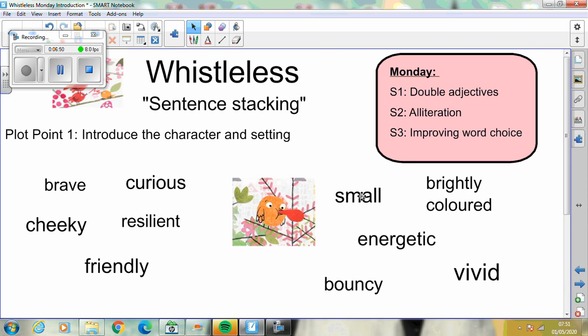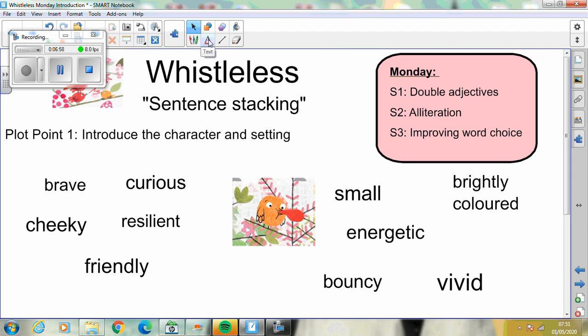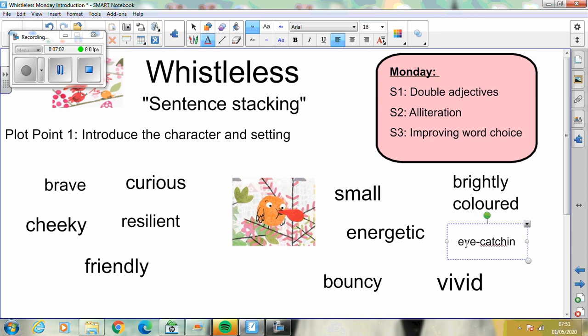He's small, he's energetic, he's bouncy, he's vivid. There we go. So that's Whistleless.